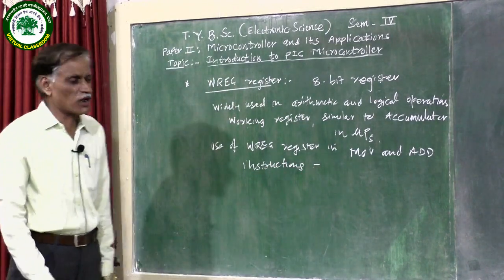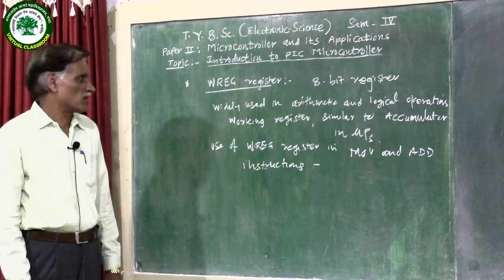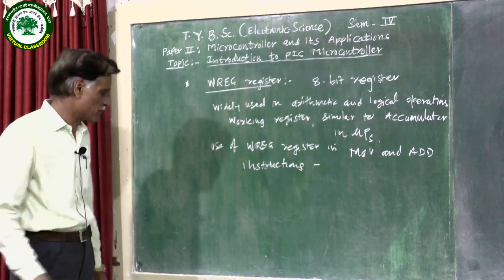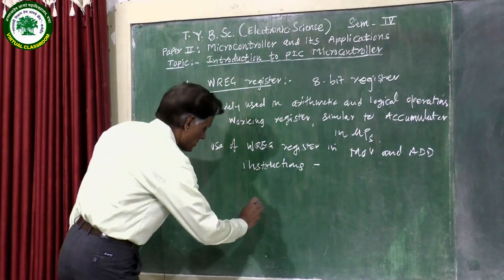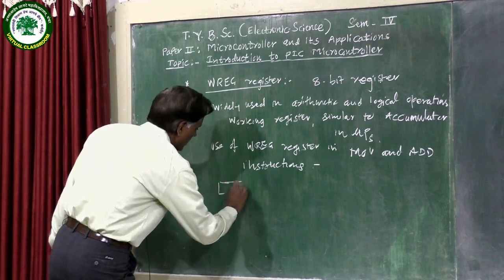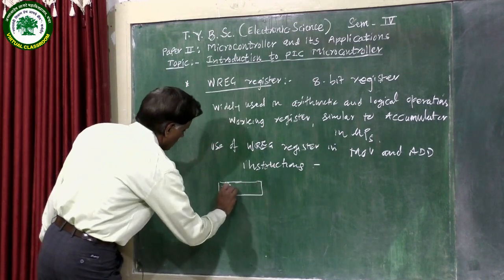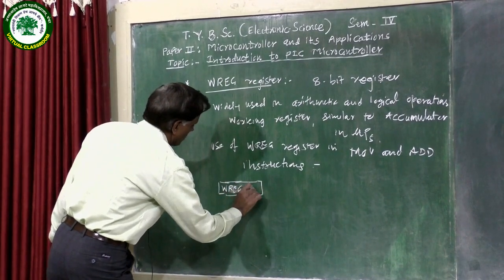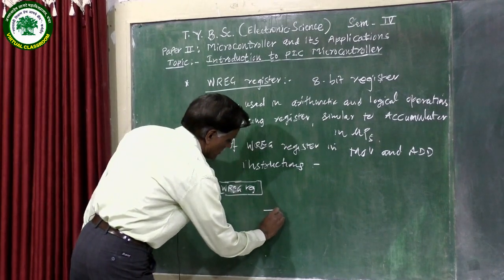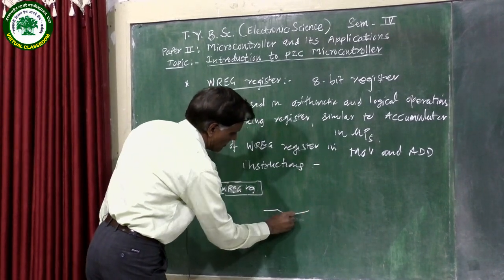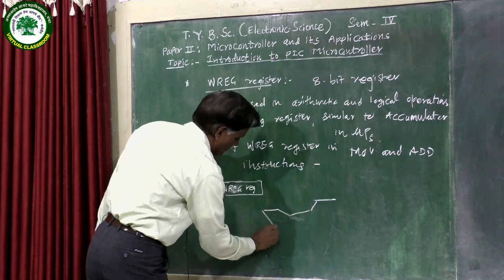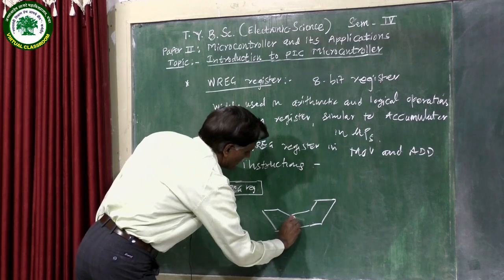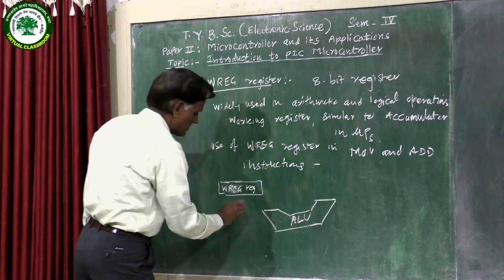As far as the WREG register is concerned, we can explain its use with the help of a simplified diagram. This is the WREG register, and this is the ALU related with it, which is 8-bit.